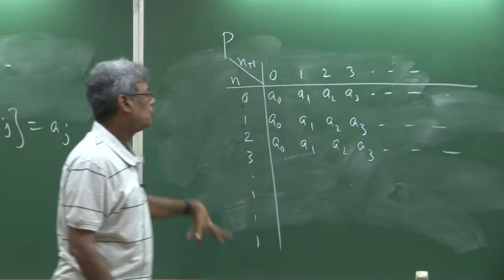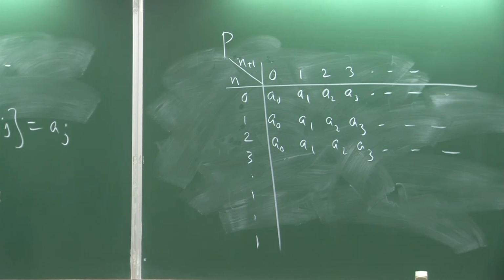So, this is the transition probability matrix in this trivial case; it simply takes that particular form. As I said, this is the most trivial example.